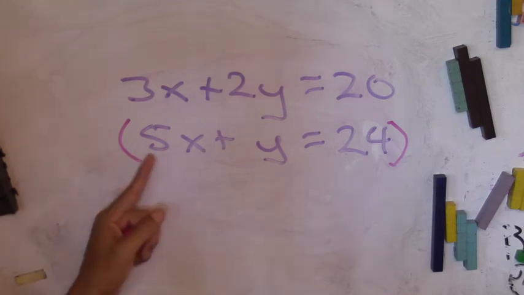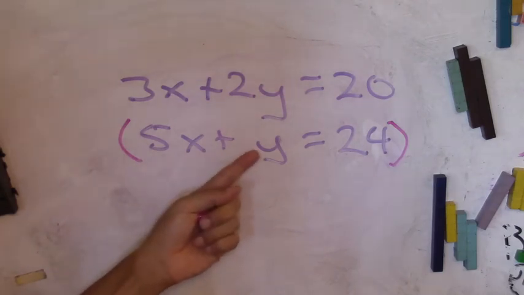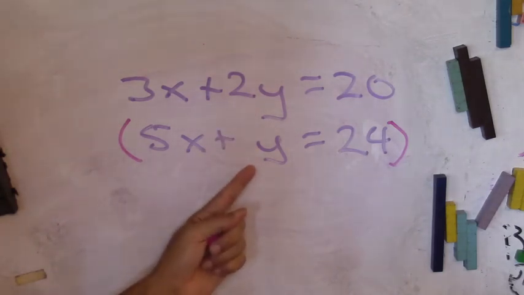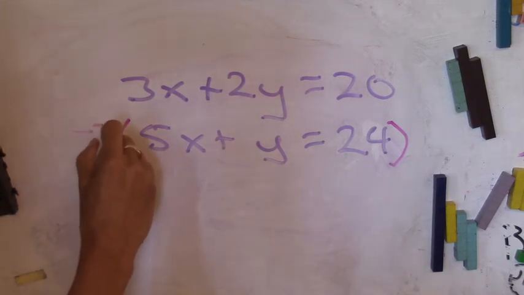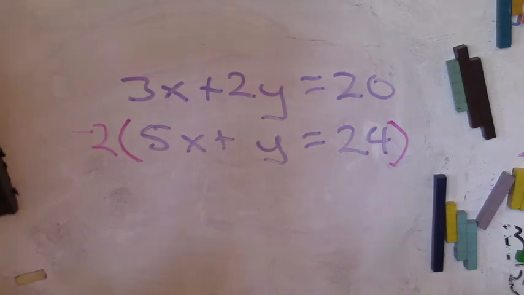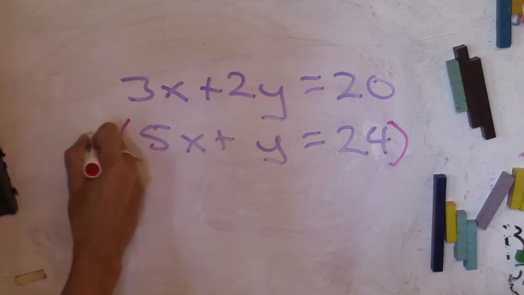If I multiply by 1, it's the same answer. -1. -1 would be good, but I won't have enough to get 0. So I'm going to multiply by -2. Why am I going to multiply by -2? Because it makes sense.